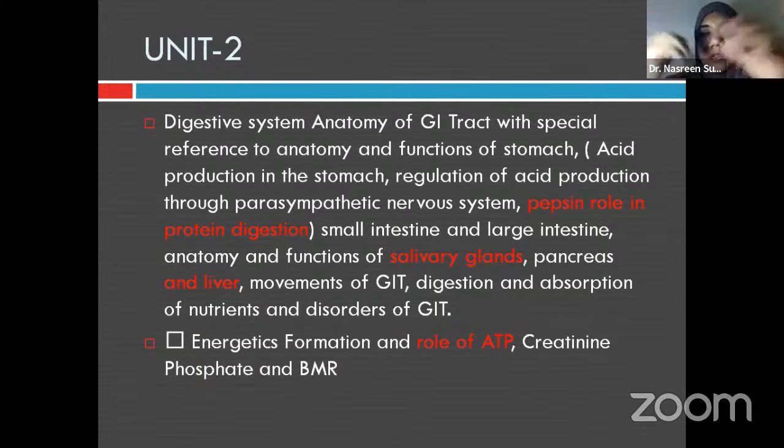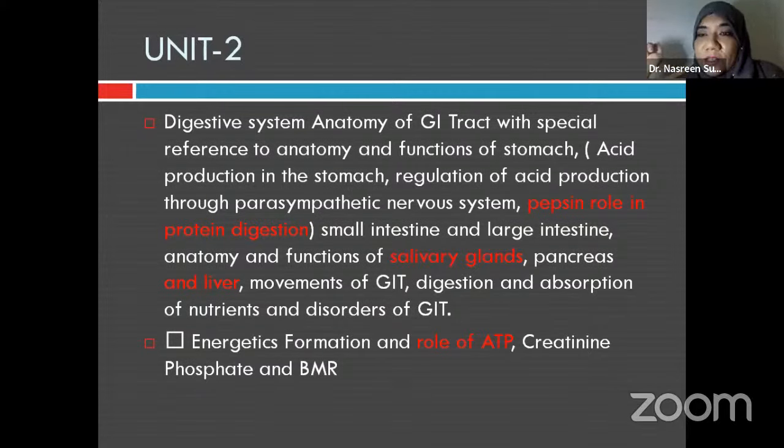So these are the things related to your unit 1. Now coming to unit 2. Unit 2 deals with your digestive system, the anatomy of the GI tract completely till the large intestine. Then the pancreas and liver, which are called accessory glands of your GIT.